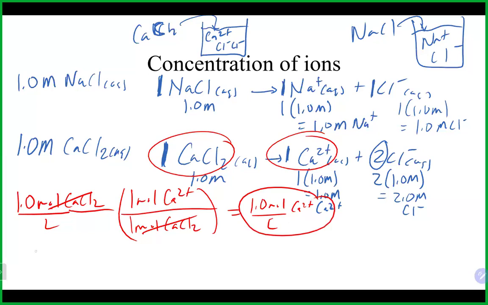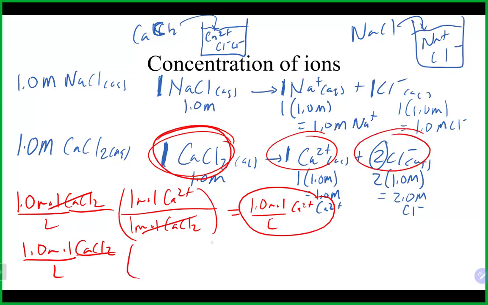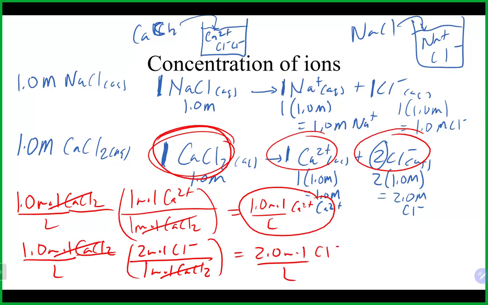How do we get to the other ion? We do the same thing, 1 mole per liter of the whole thing. Then we do our stoichiometry, a 1 to 2 relationship in this case: 2 moles of chloride for 1 mole of the whole thing. The moles of the whole thing cancel, giving us 2 moles per liter of chloride ions.